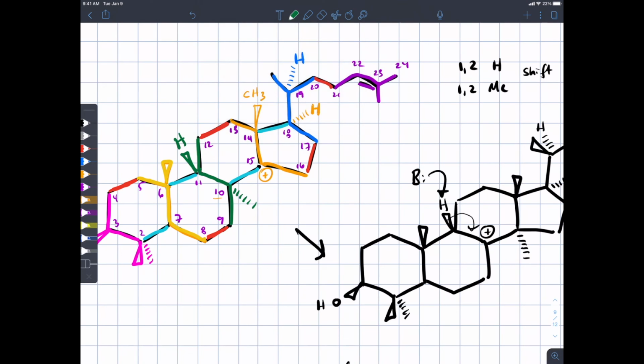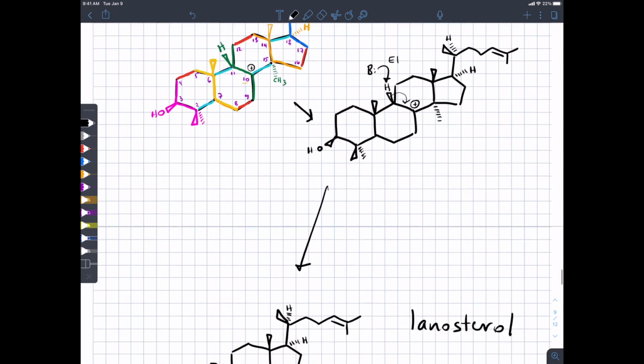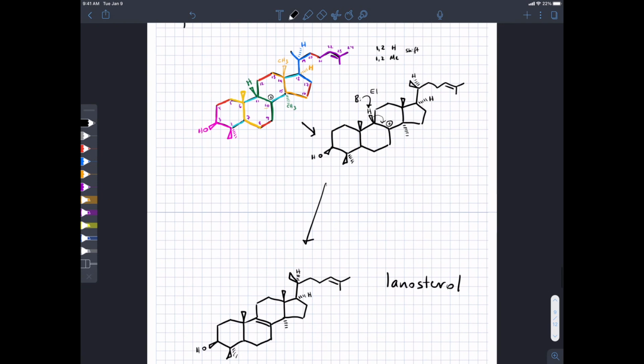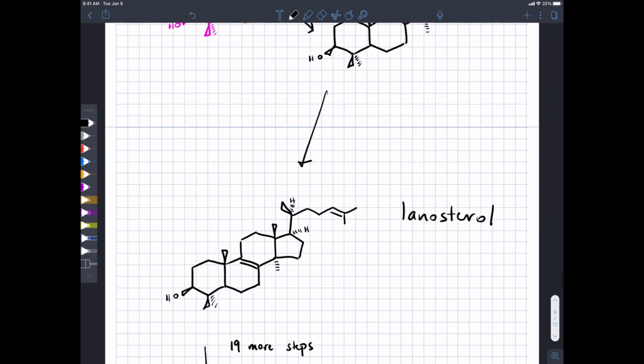Finally, the down CH3 on carbon 10 leans over, goes through the bridged carbonium intermediate and makes a new bond with 15. That leaves the positive charge on 10, and at that point we do the E1 reaction. That gets you the double bond in the right place. That's a cascade of 1-2 carbocation rearrangements. I can't remember how many of them we did. 1, 2, 3, 4. 4 different carbocation rearrangements that allow us to get to this product, lanosterol.